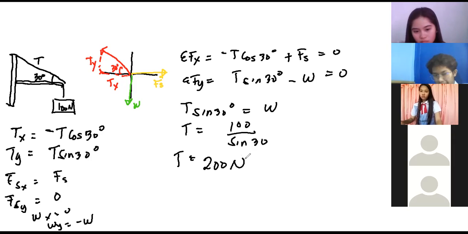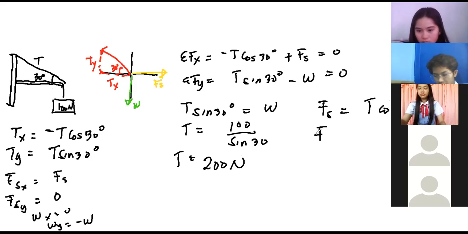So if the problem will ask you about the Fs, what will be the force exerted by the strut? We can focus on this equation. Fs will be equal to tension cosine 30 degrees. And the Fs will be equal to 200 multiplied by cosine 30.